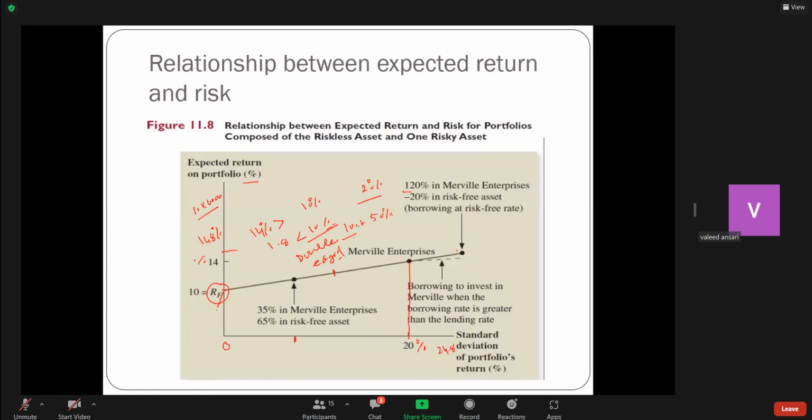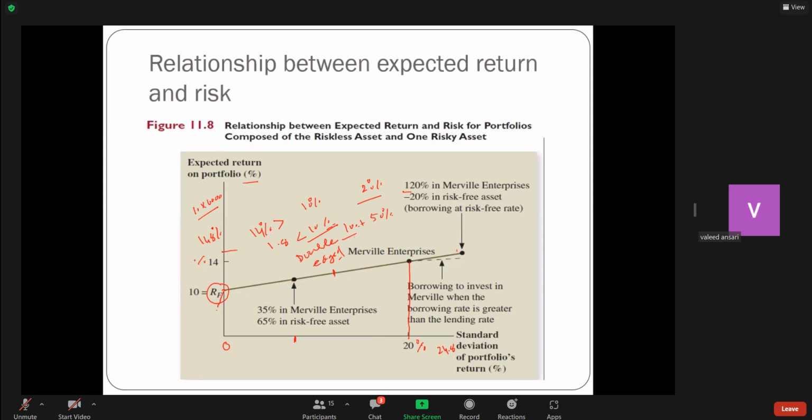I'm not going into that, but what I'm trying to explain is that the borrowed money, if you supplement it or use it with your own fund, can extend the efficient frontier, but that will be risky.